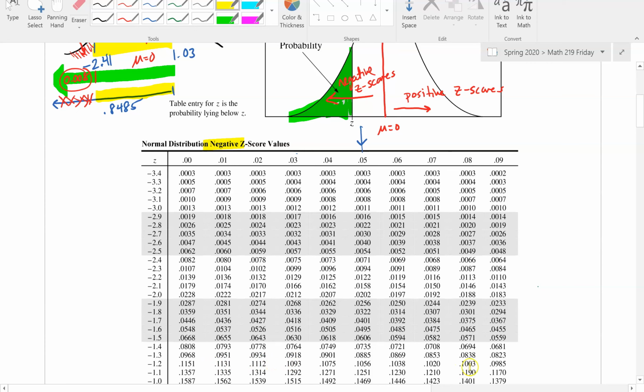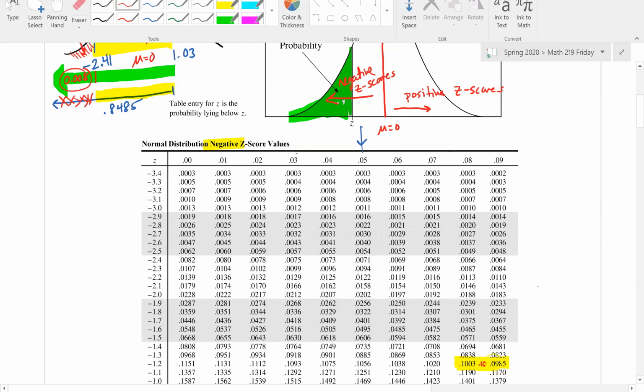There's 0.1003. And there's 0.0985. So would you agree that those are the closest areas I can get to 0.10? In fact, an area of 0.10 would be somewhere in between those two, right? In between 0.1003 and 0.0985.